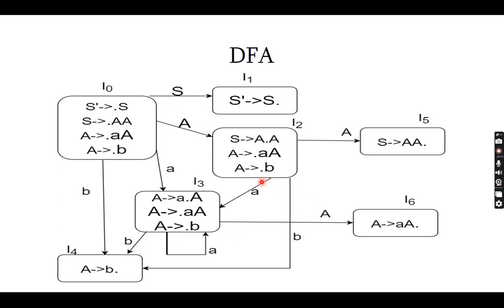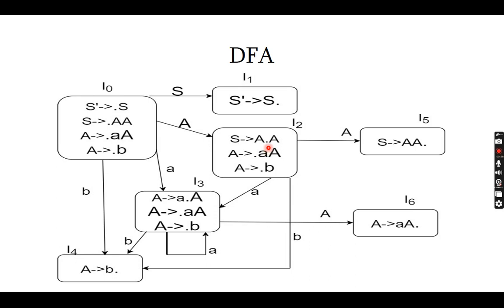So after that, on A I have gone to this state, and on small a I have gone to this I3. And now let us see, here this dot is still in the middle. Our intention is to make all the dots at the end of the production rule. Why?